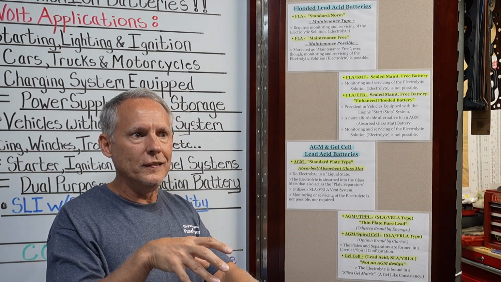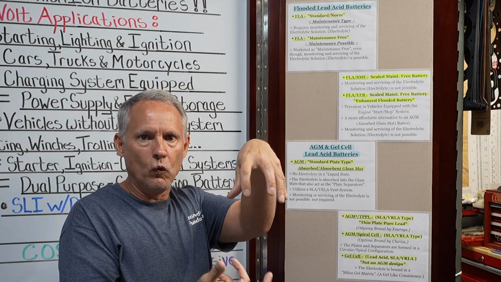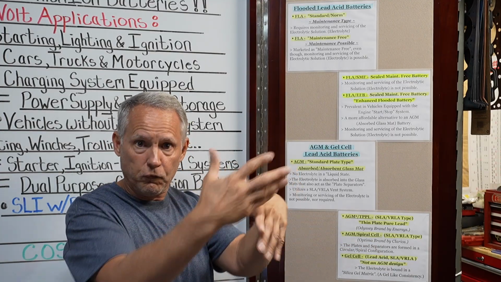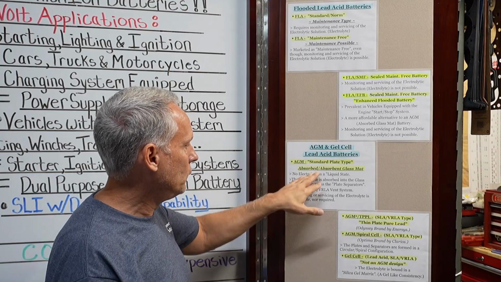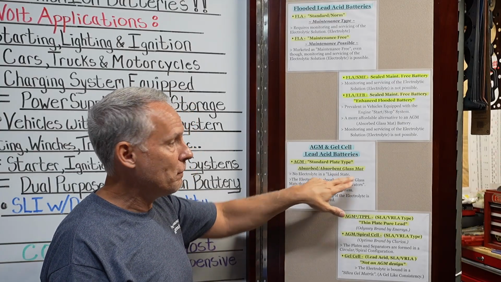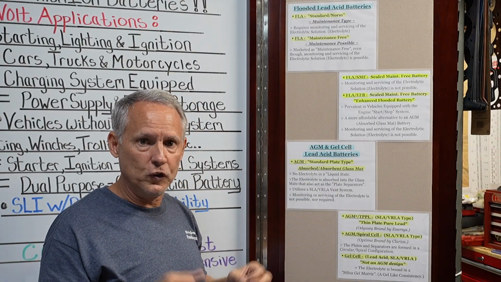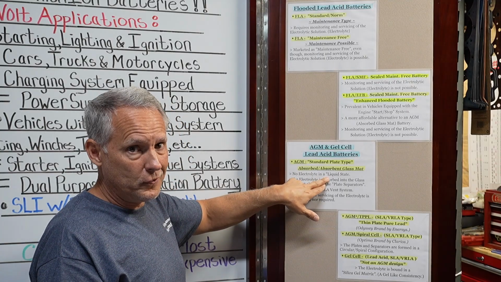So now the electrolyte, instead of sloshing around, is absorbed. It's like a sponge that's fully absorbed with water. It's got water in it, but it doesn't go anywhere. It stays there. So that's basically what the separator in the battery is designed as, an absorbed glass mat separator, and the electrolytic solution is absorbed into it. So no electrolyte in a liquid state.